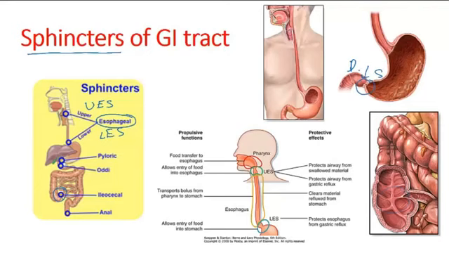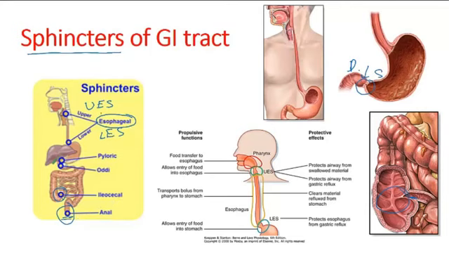As I mentioned, these sphincters are present at all of the branch points. And then we have the internal anal sphincter and the external anal sphincter. Both are present in the anus area and control the movement and release of the feces outside the body.